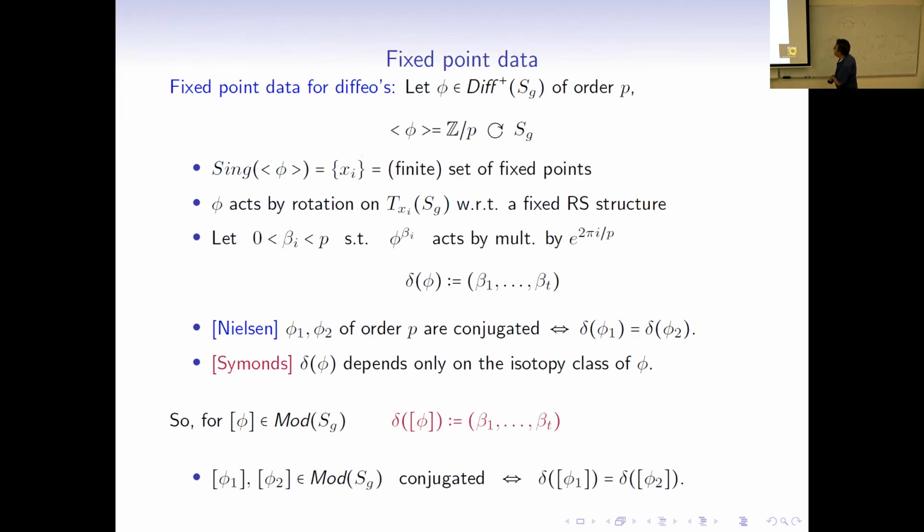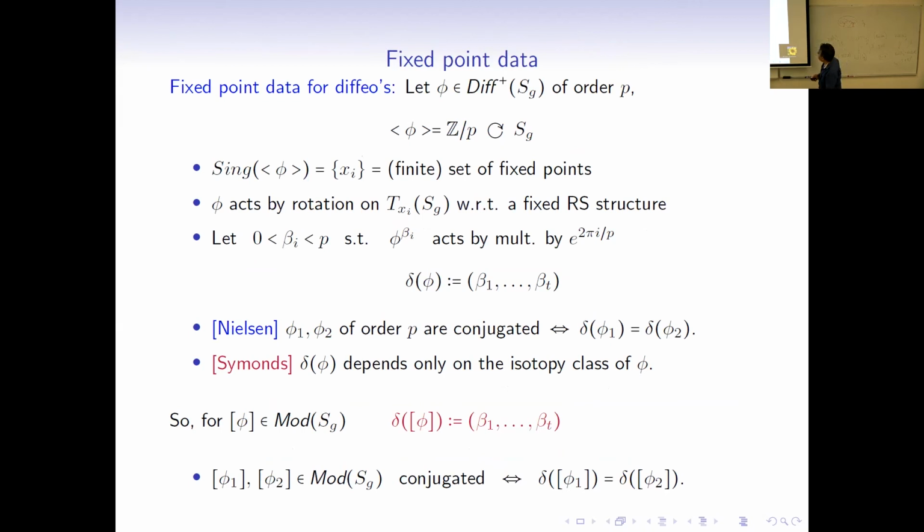All right. So how about the normalizers? So one has to count the conjugacy classes of subgroups Z/P inside the mapping class group, and look at the normalizers.